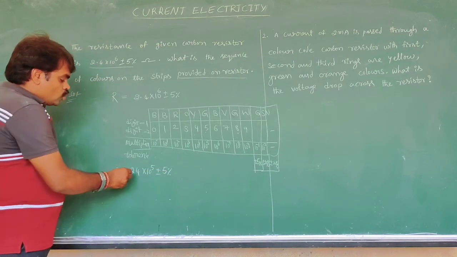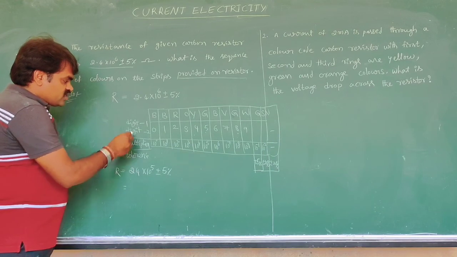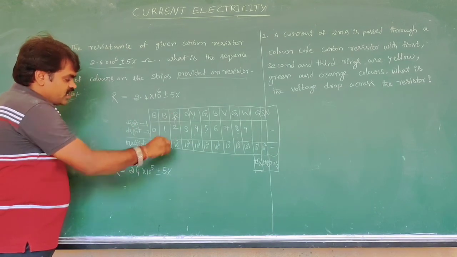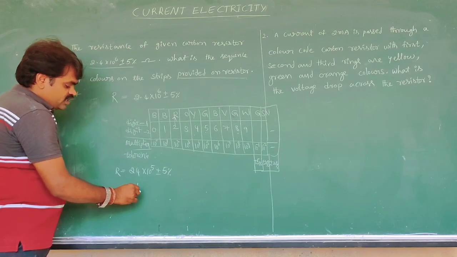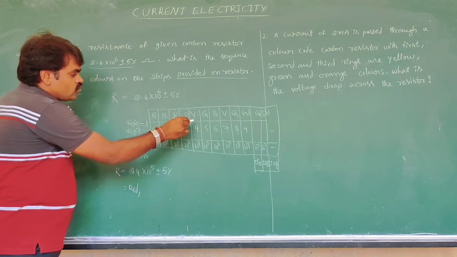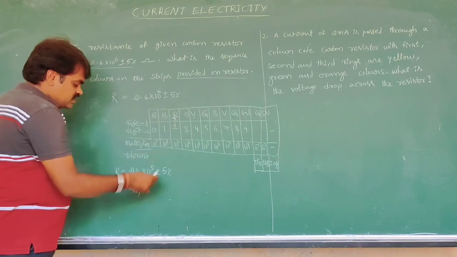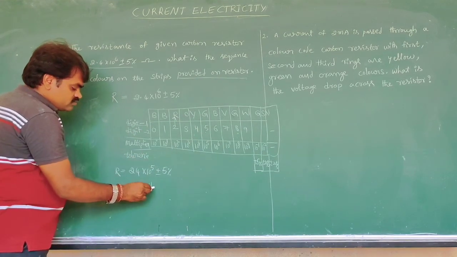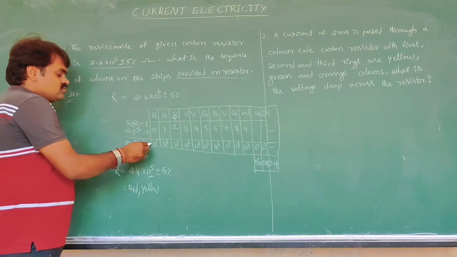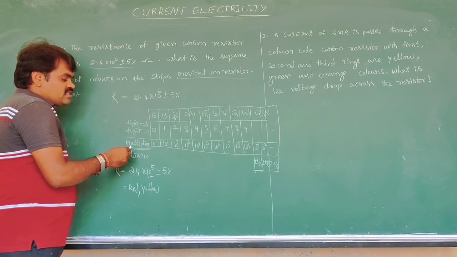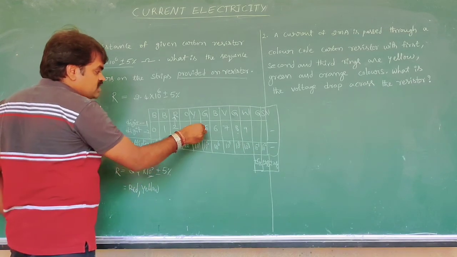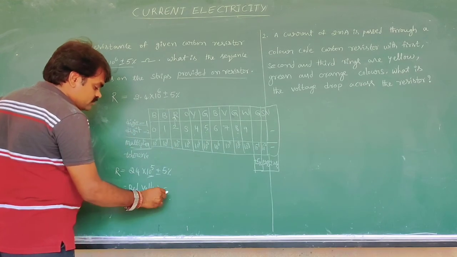Here, 2 belongs to the first digit. The first digit is 2, and the color code for 2 is red. Next, the second digit is 4, and 4 is yellow. Next, the third band is the multiplier. The multiplier is 10 to the power of 5, and that is green.